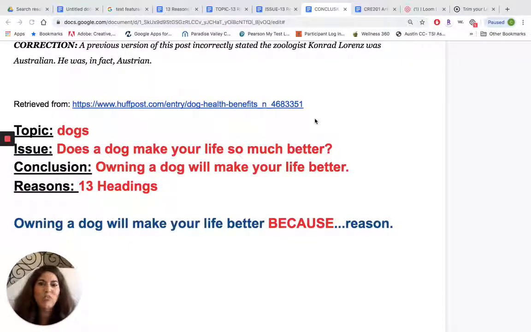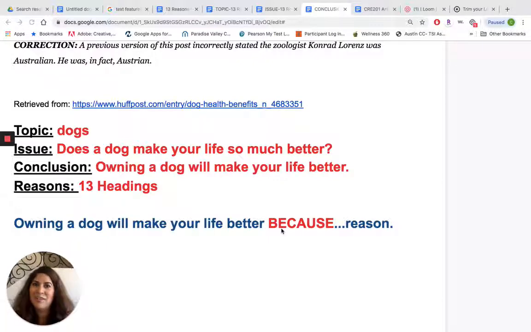At this point of critical reading, we're not thinking about whether or not the reasons are valid. We're simply reading critically. The thinking will come after we come up with a topic, issue, conclusion, and reasons. One way to check your reasons against the conclusion or thesis is to use the word because.